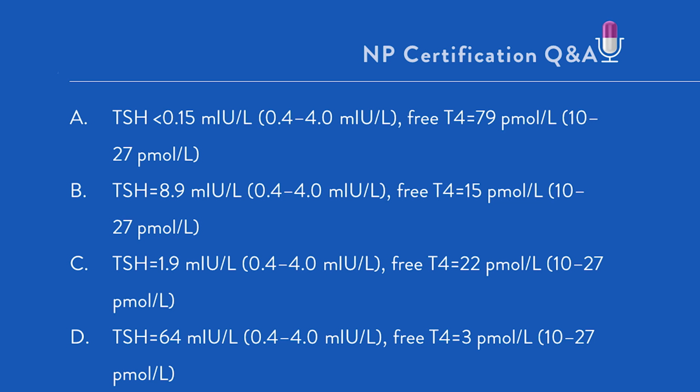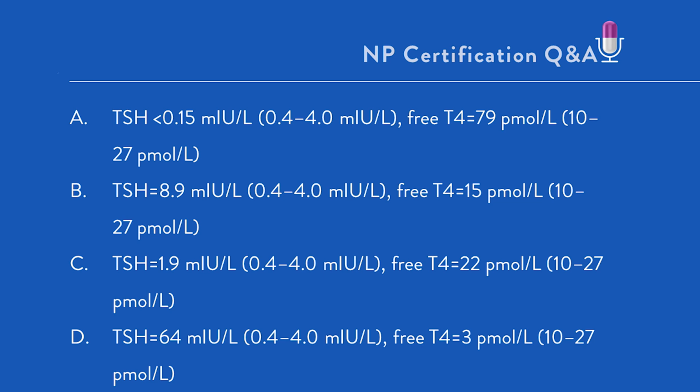Would it be A, a TSH of below 1.5, with the norm being 0.4 to 4, and a free T4 of 79, with the norm being 10 to 27? B, a TSH of 8.9, again, norm 0.4 to 4, with a free T4 of 15, which is within the normal range of 10 to 27.